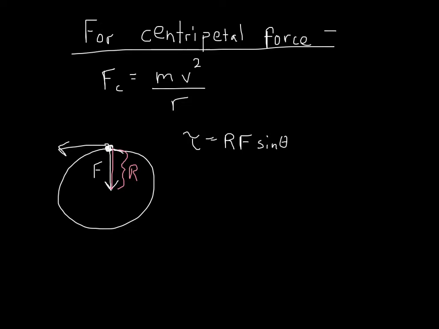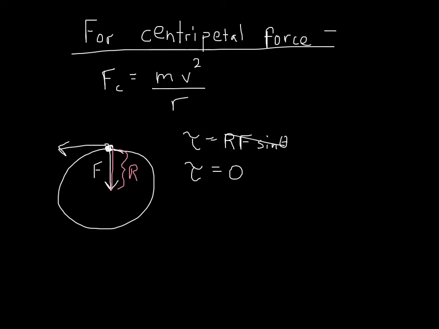If I look very closely here, I can see that the force and the radius are acting at 180 degrees to each other. Force is acting down, the radius is acting outwards. The sine of 180 is 0. So my torque for centripetal force is equal to 0.